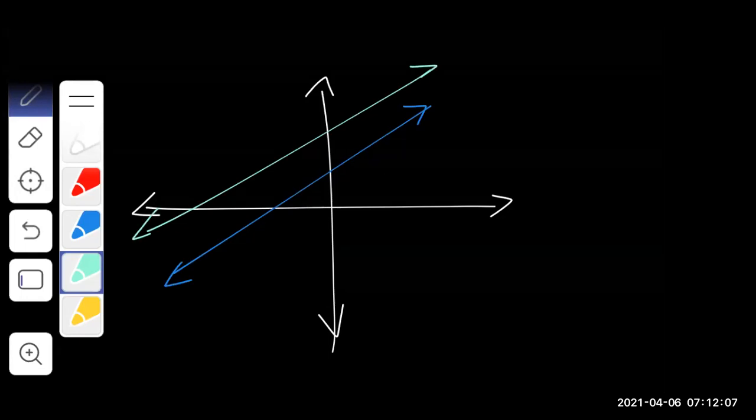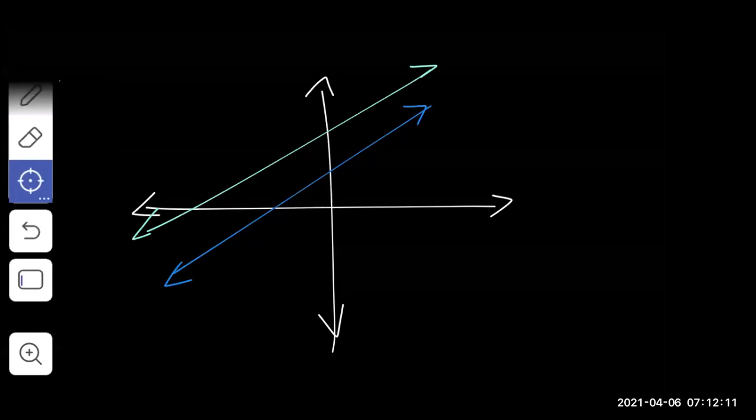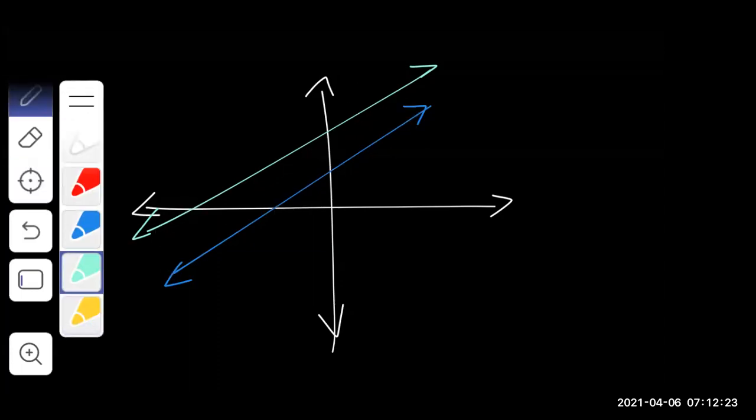You remember that idea. What's going to be the solution when you have the same slope and different y-intercepts? Because this y-intercept could be 1 and this y-intercept could be 3. What is going to be the solution for this system with parallel lines?